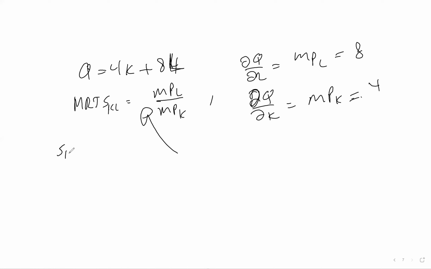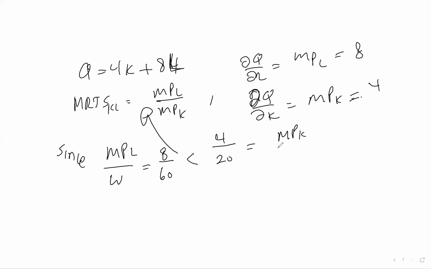So we know, since the marginal product of labor over wages is equal to 8 over 60, that is less than the marginal product of capital over rent, which is 20. What does this mean?